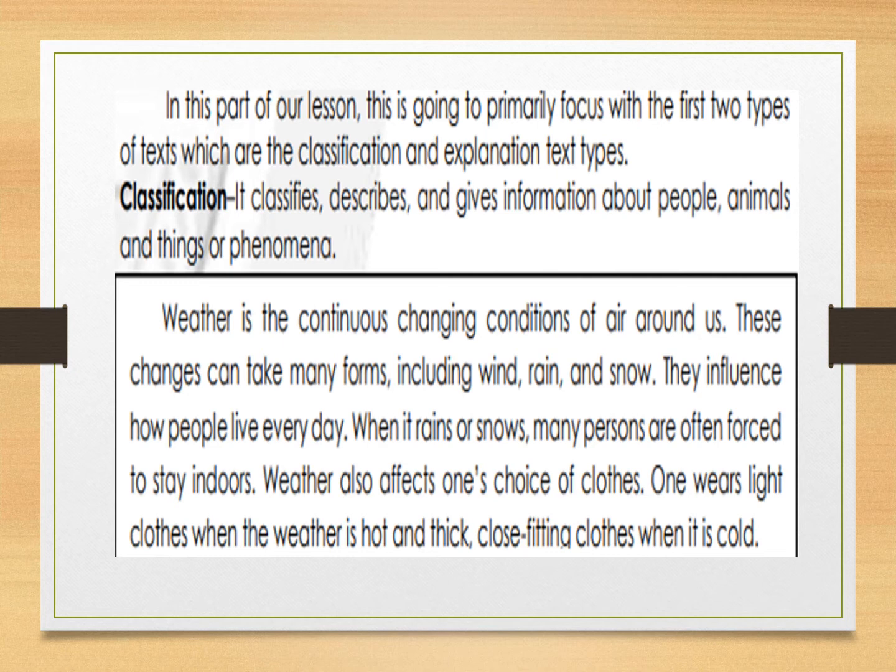They influence how people live every day. When it rains or snows, many persons are often forced to stay indoors. Weather also affects one's choice of clothes. One wears light clothes when the weather is hot and thick, close-fitting clothes when it's cold.